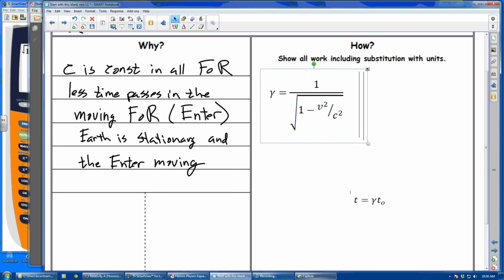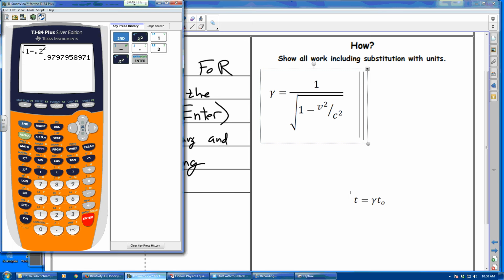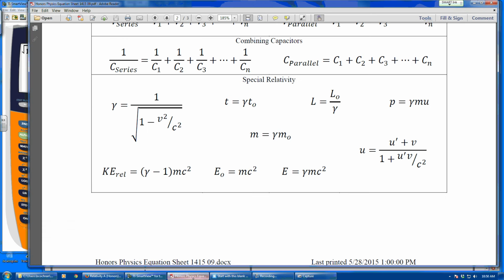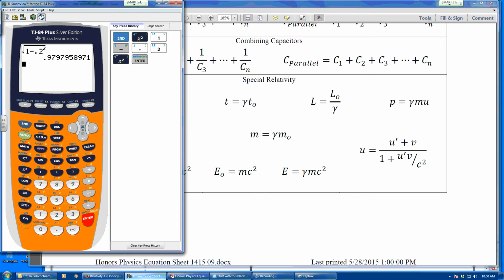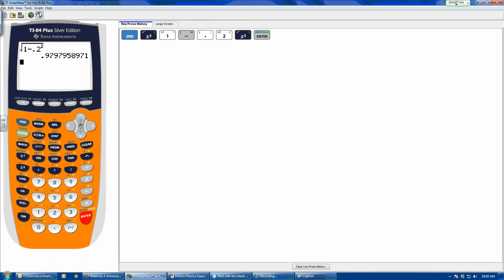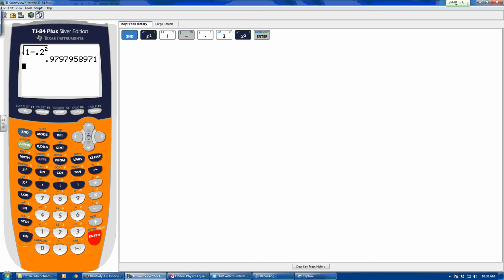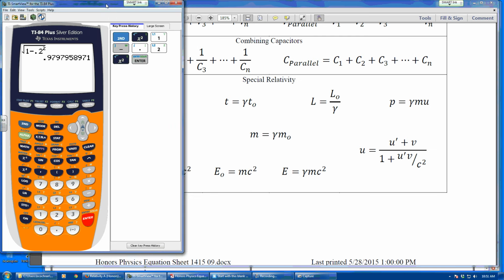It is a good idea to store c into your calculator. I haven't done that one up here yet, but that would be good. I'm going to store it in here. Mine just happens to be orange. You have an 84, right?